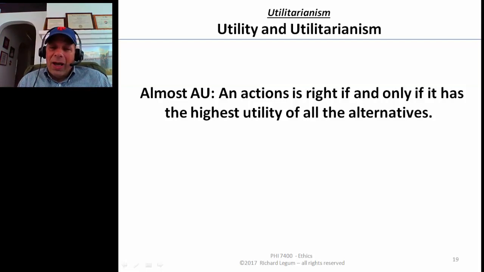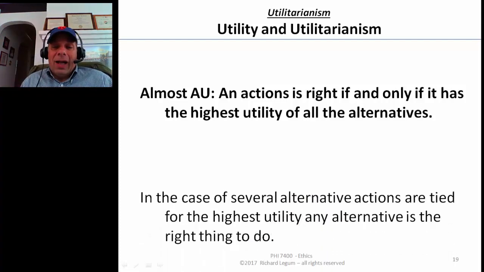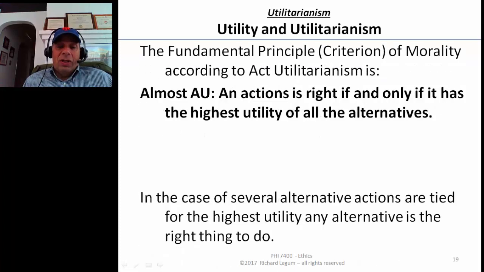But the way to work that out is to say, in cases of ties, either of the actions that are tied for the highest utility is a right action, morally permissible. And it gets a little complicated. So in cases where several alternatives are tied, the alternative that is tied for the highest utility is right.